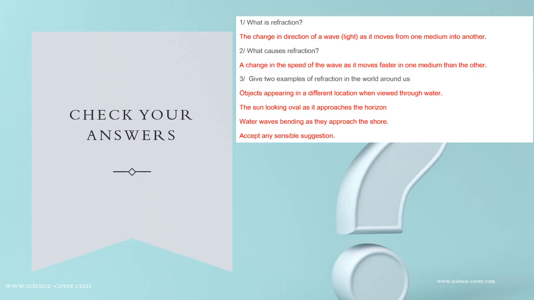Let's check our answers. Number 1. What is refraction? This is the change in direction of a wave or light as it moves from one medium into another. Number 2. What causes refraction? This is a change in speed of the waves as it moves faster in one medium than the other. Question 3.